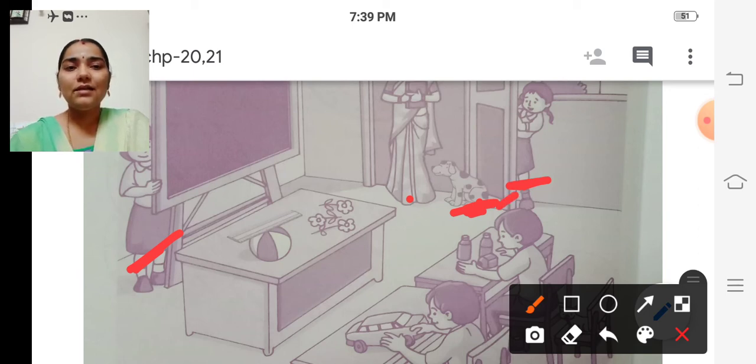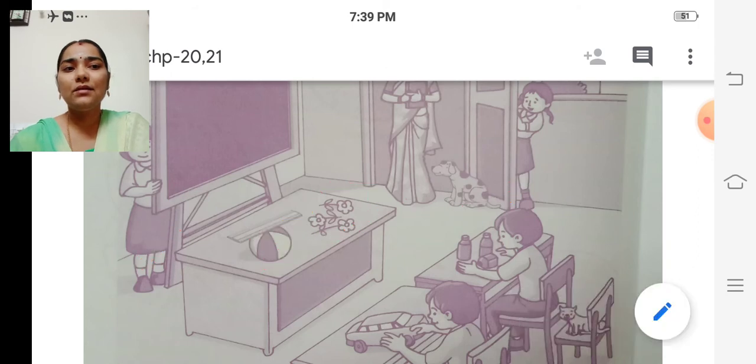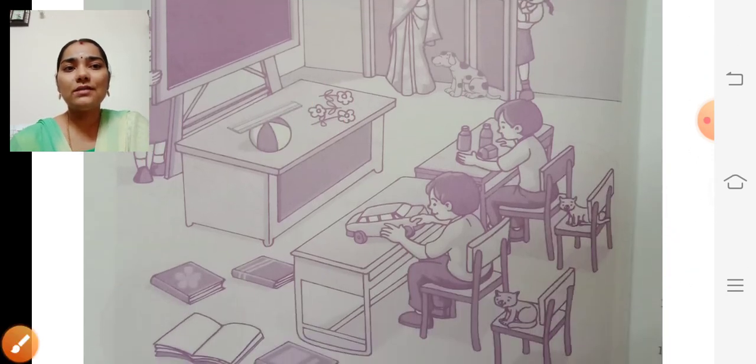Then what are all the things in the picture? 1 ball was on the table and some flowers were on the table and 1 ruler was on the table. 2 boys were sitting at their desks.